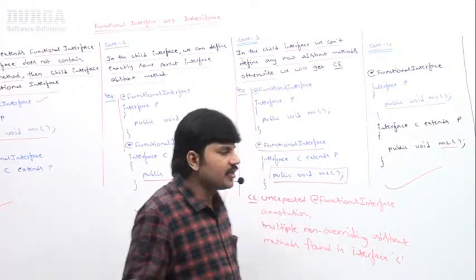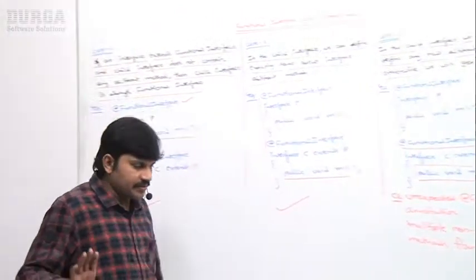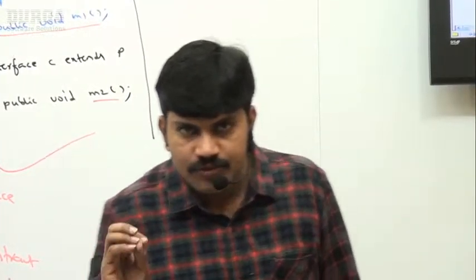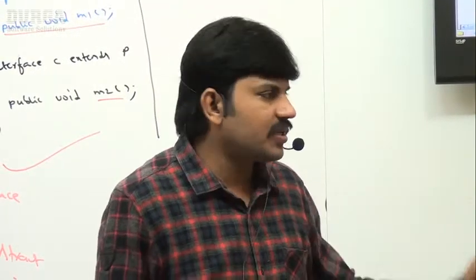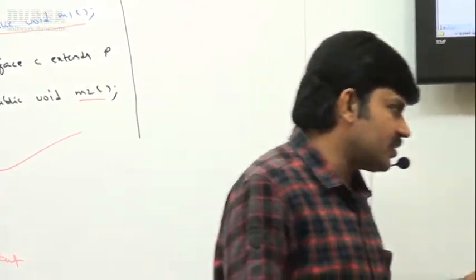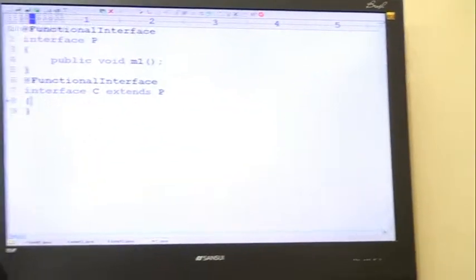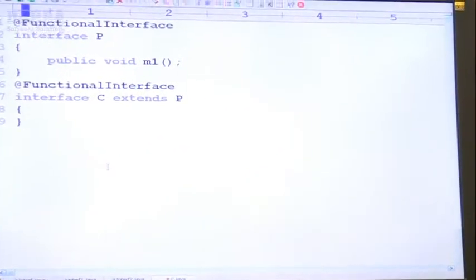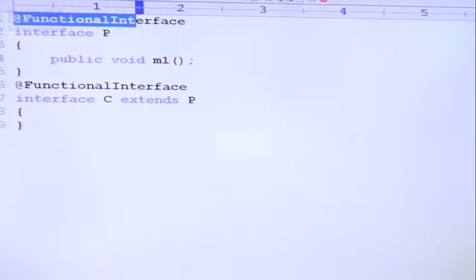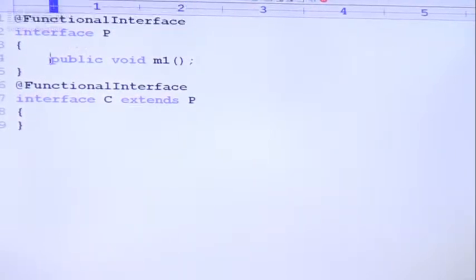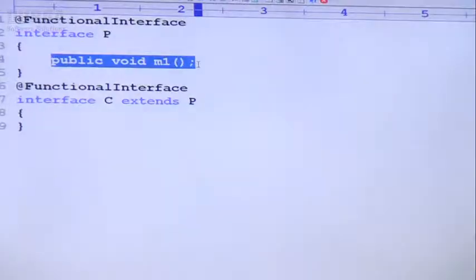Now I will execute all these cases covered with respect to inheritance. Just have a look. Observe our first case. I declare the parent interface as a functional interface, and the parent interface contains only one method m1.